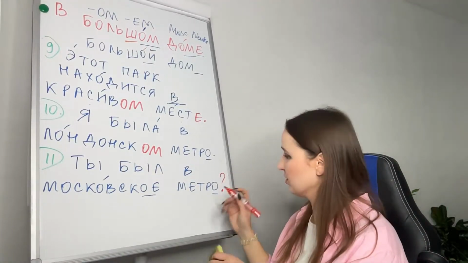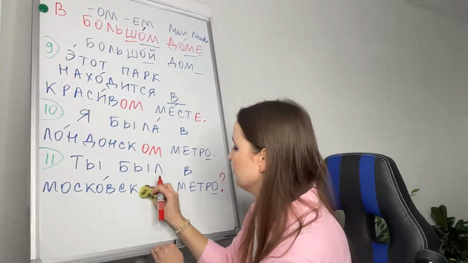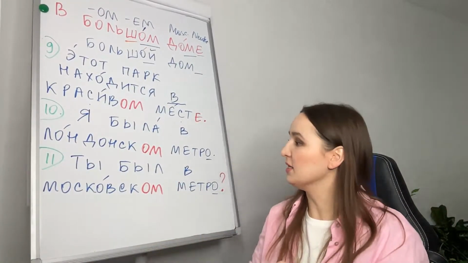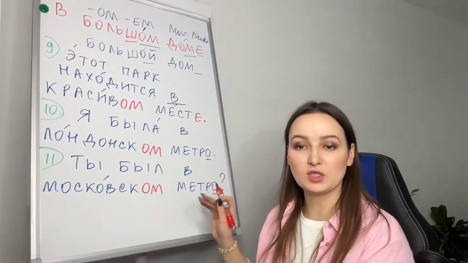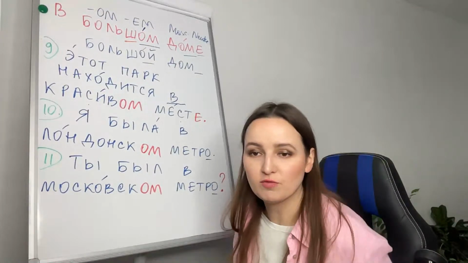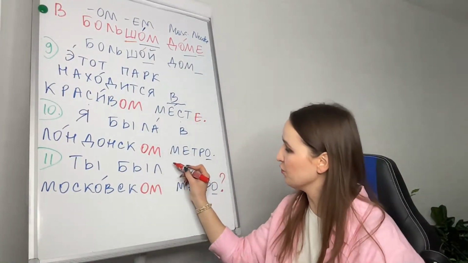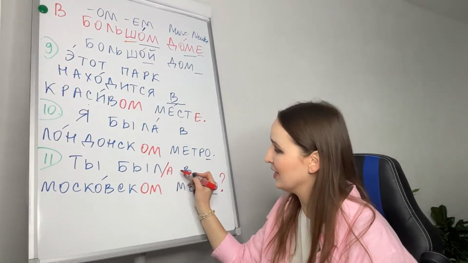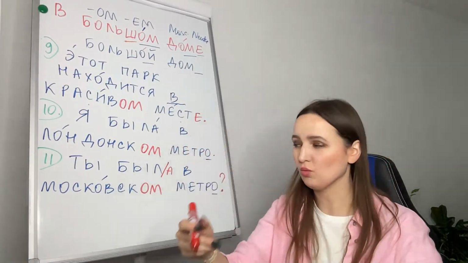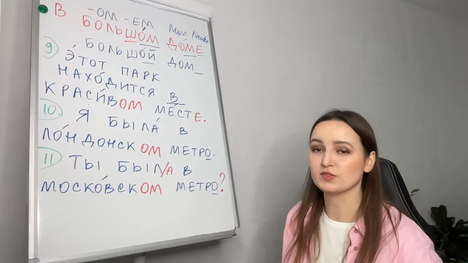And the question mark here. В московском метро. Ты был в московском метро? Have you ever been to the Moscow metro? Or if you're asking a woman: ты была в московском метро?